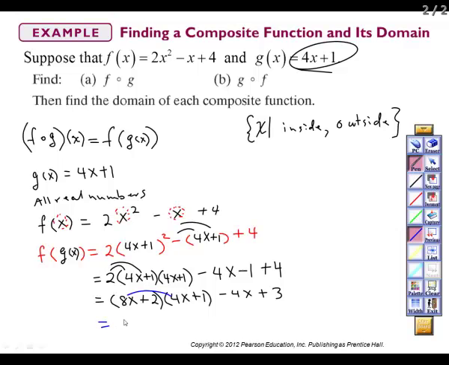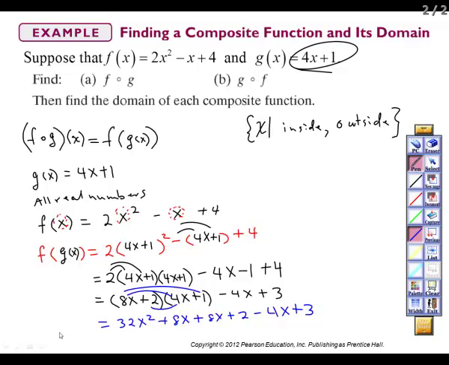And so that'll be 8 times 4, that's 32x squared. And then plus 8x. And then plus 8x again. And then plus 2 minus 4x plus 3.